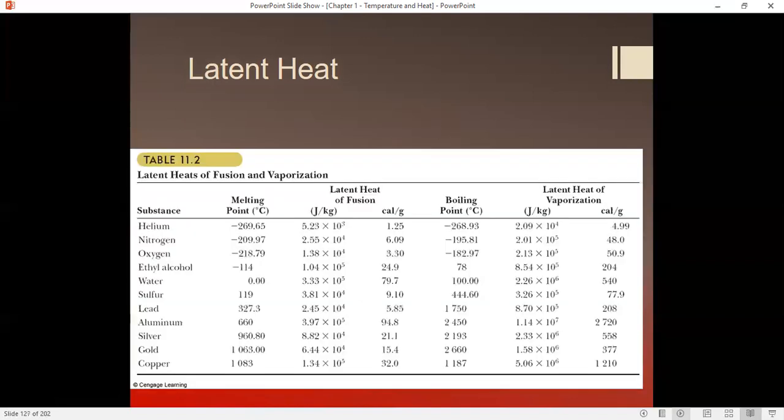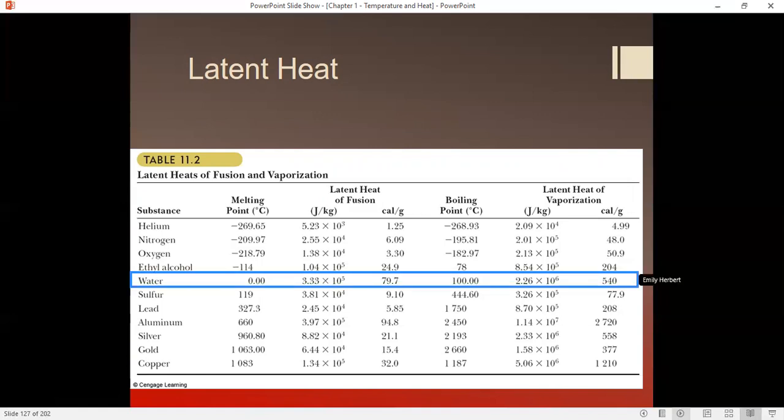Now take a look at this table right here and notice that water has very, very large amounts of latent heat, not only for the latent heat of fusion, how much energy it takes to melt ice or to freeze water if you want to go the other way, but also how much energy it takes to evaporate water.